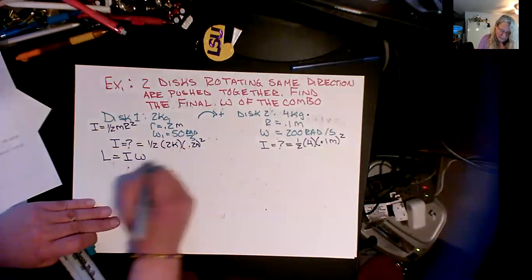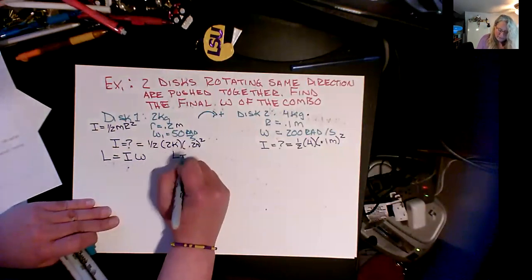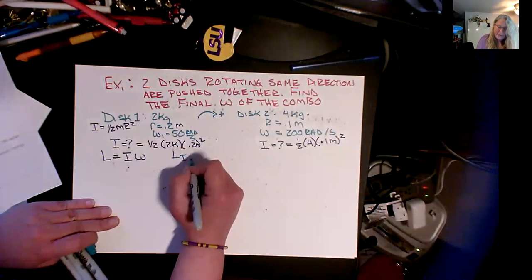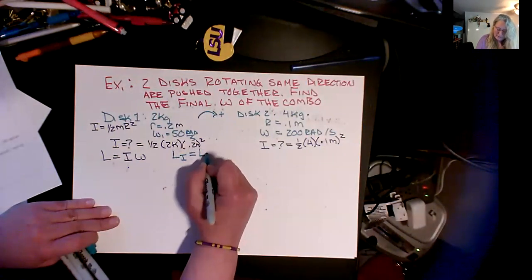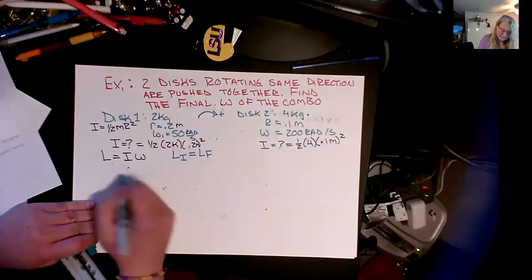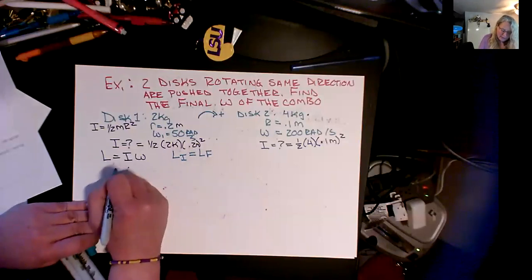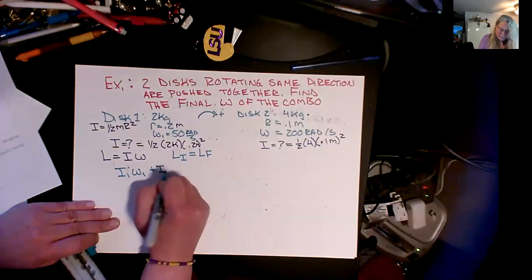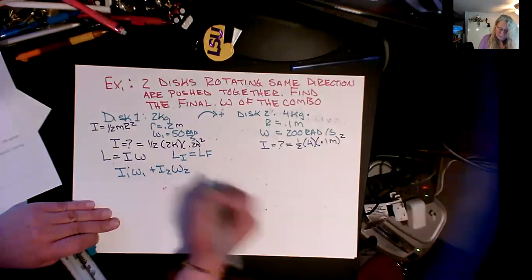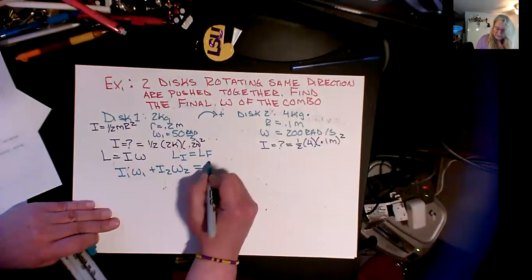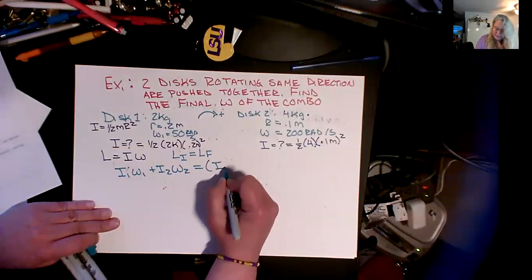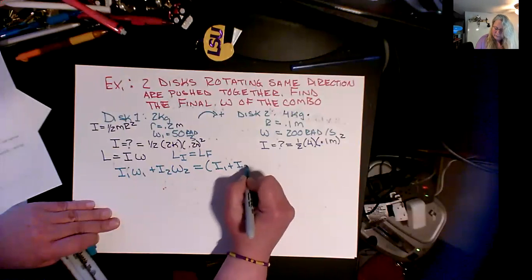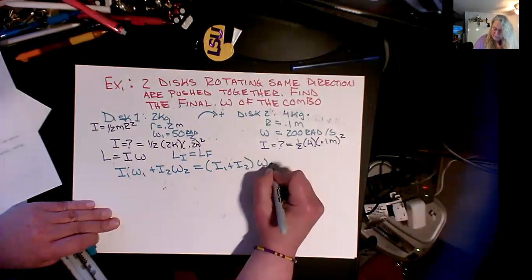So we can go ahead and write out that our angular momentum initial is going to equal our angular momentum final. It's an inelastic collision, so I'm going to have I1 omega 1 plus I2 omega 2. They're sticking, so that's the sum of my I's, I1 plus I2, times my omega final.